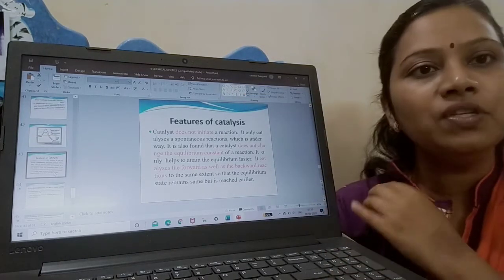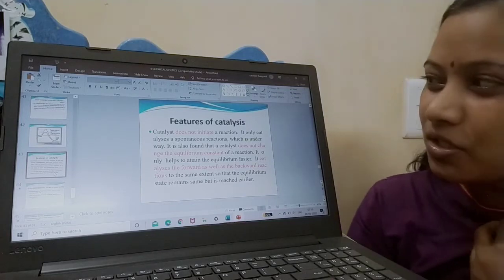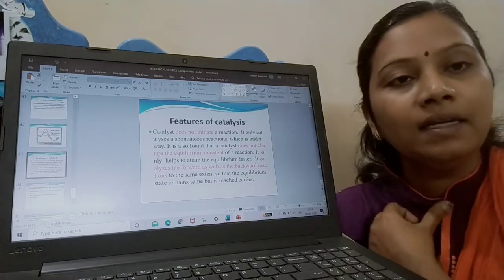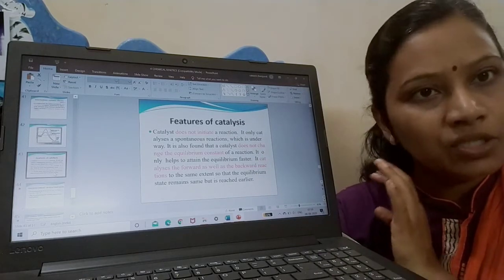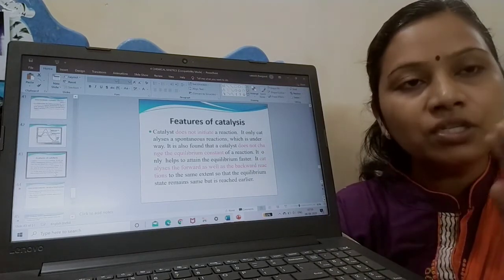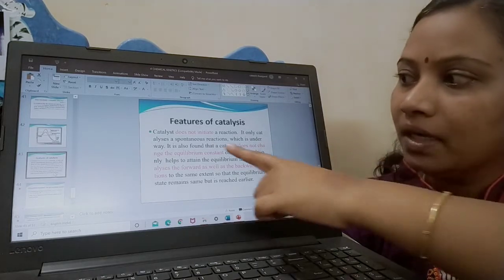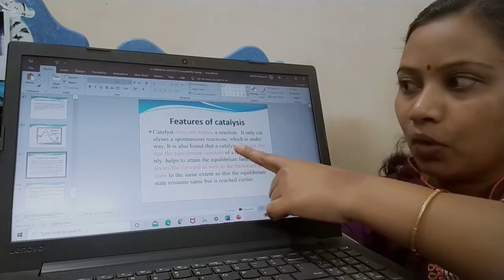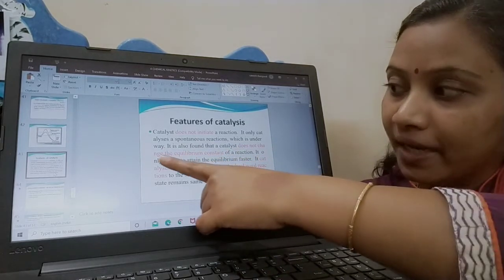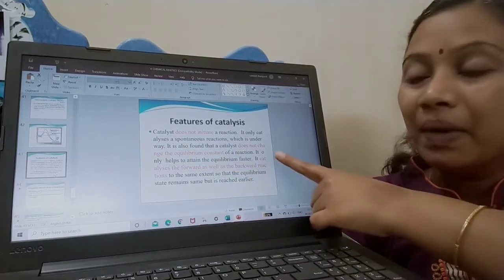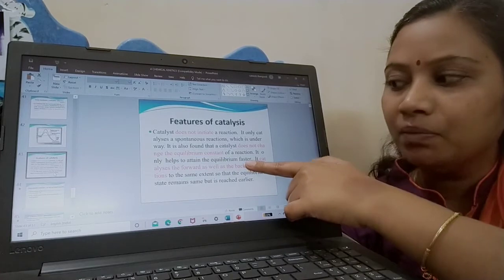Now, what are the features of catalysis? See, a catalyst will not initiate a reaction. It has no role in initiating a reaction. When a reaction is going to proceed, what will it do? It catalyzes a spontaneous reaction which is underway. And a catalyst will not change the equilibrium constant, but it helps to attain the equilibrium faster.